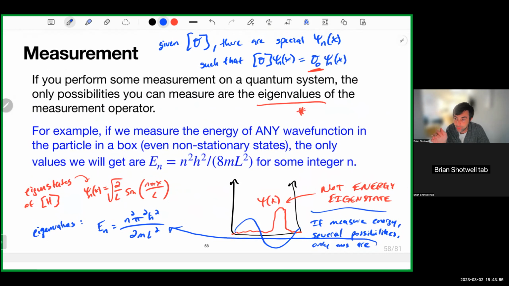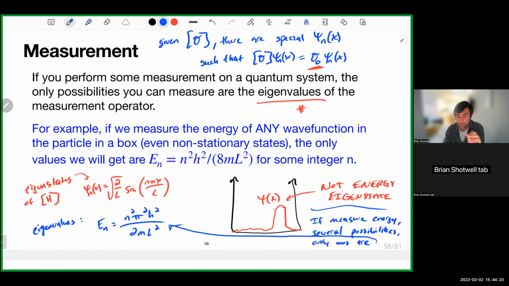We've collapsed the wave function onto the n equals 2 energy eigenstate. If we measured n equals 3 for the energy, then we've collapsed it onto that energy eigenstate. So what we change the wave function to as a result of measurement depends on what we get out of the measurement. But the result of the measurement is forcing the wave function to be sharp in that observable. And forcing it to do that is going to change it.